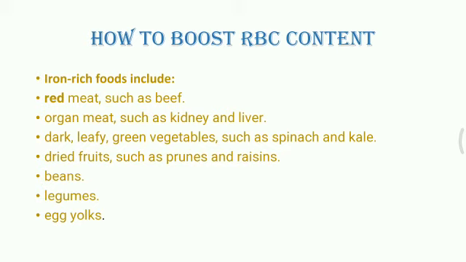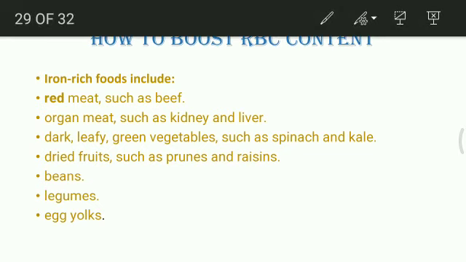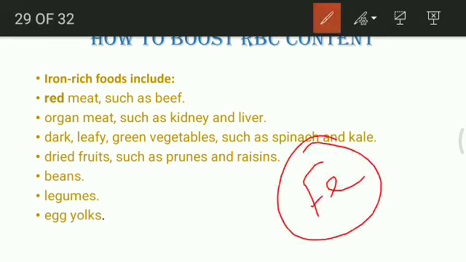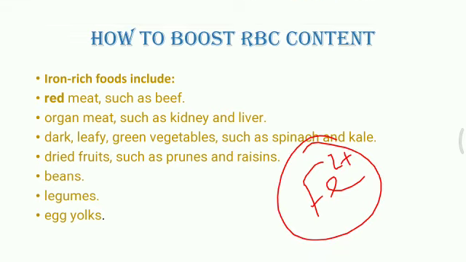How can we increase the RBC count in our body naturally? For that purpose, we need to consume foods which are rich in iron content, because you all are aware that the central metal ion of RBC is iron. So we need to have food which has a high amount of iron within itself. These are the kinds of food which can be consumed in order to increase the blood content or iron content in our body.